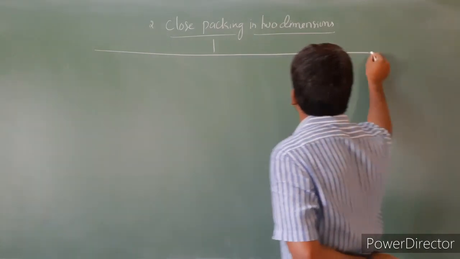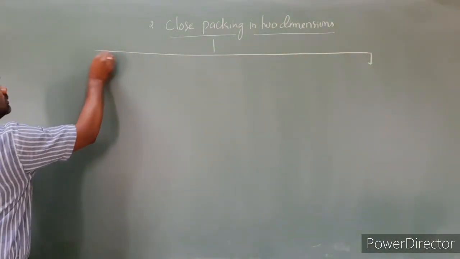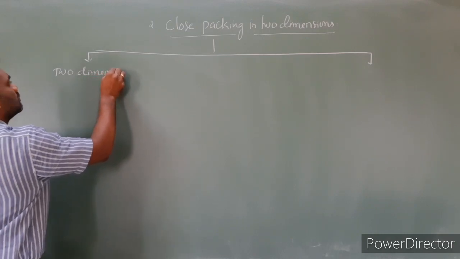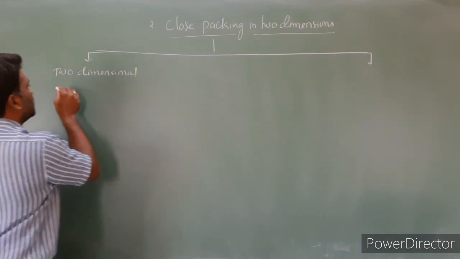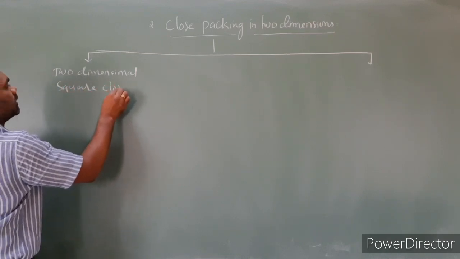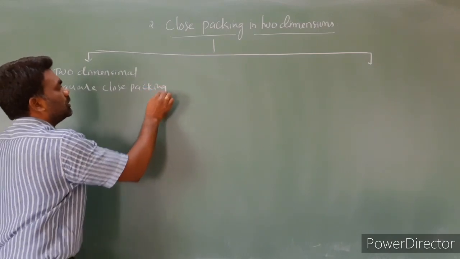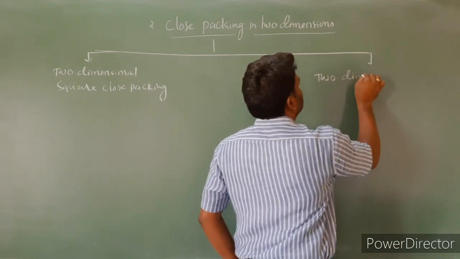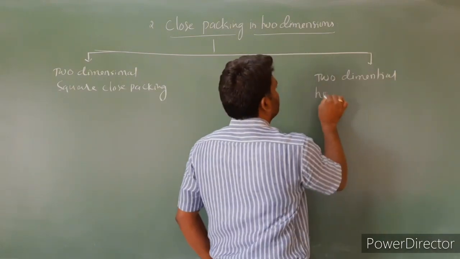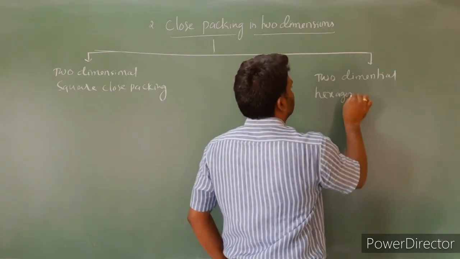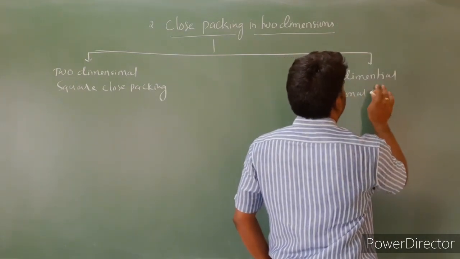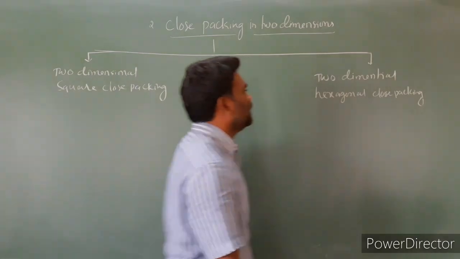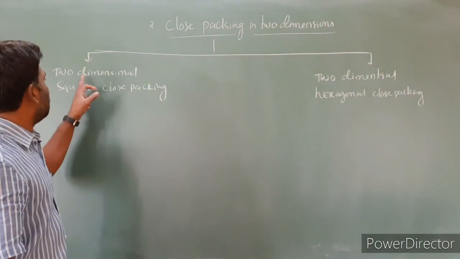The first one is two-dimensional square close packing, and the second one is two-dimensional hexagonal close packing.